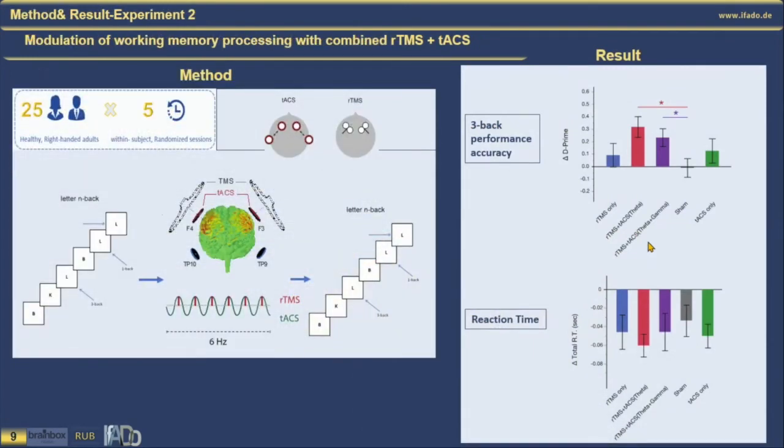So as a second experiment, we designed it like the previous one in terms of method, but we asked the participants to answer the n-back task before the stimulation and after the stimulation.